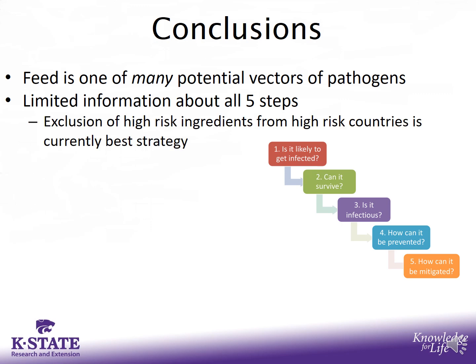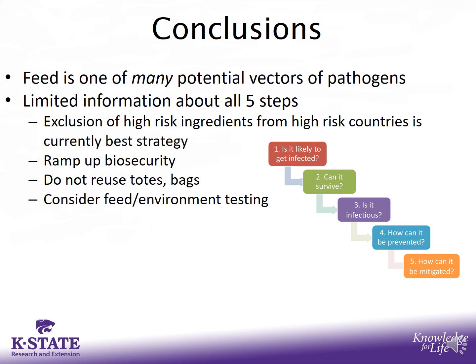Because of that, exclusion of high-risk ingredients from high-risk countries is currently the best strategy to help keep these foreign animal diseases out of the country. We recommend that you in feed mills and ingredient facilities ramp up biosecurity and extend it from the farm onto the feed mill. Do not reuse totes and bags, as those have been linked to transmission and entry of foreign animal disease in the past.